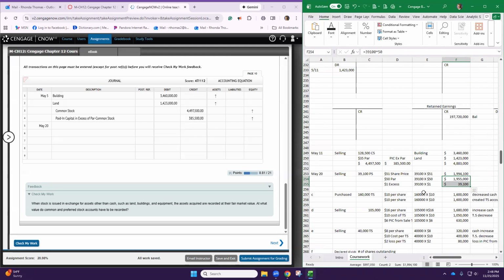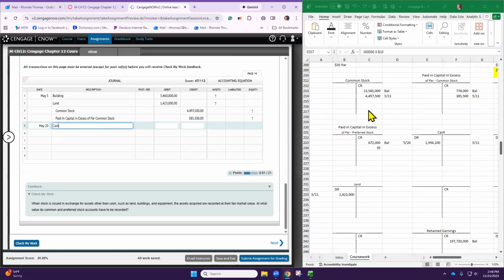Yep, got to check that every once in a while. So we're going to get cash. I didn't finish. So now we want the $39,100. This is also going to be 5/20. So that is booking this sale.